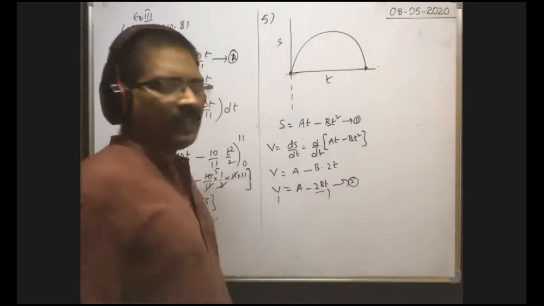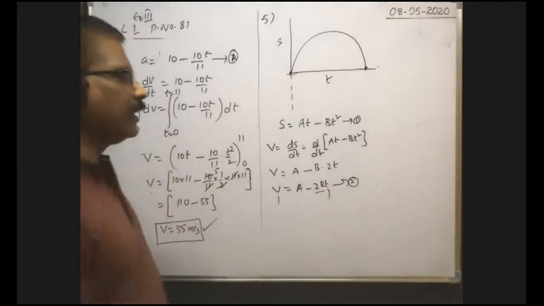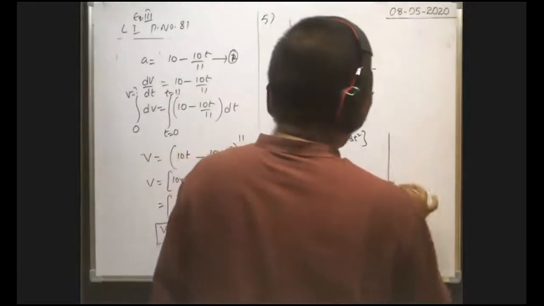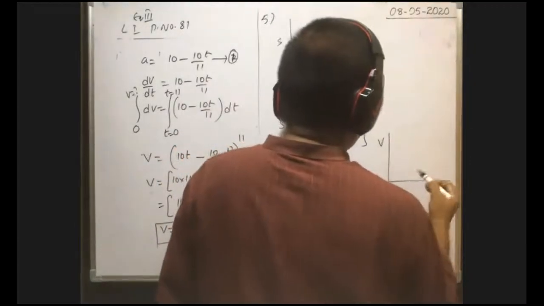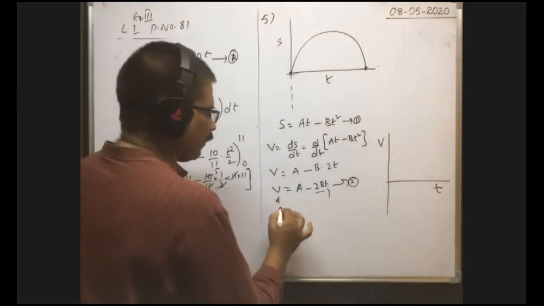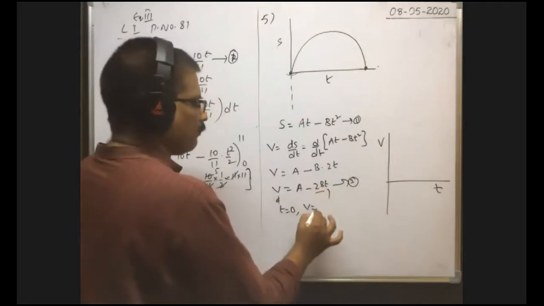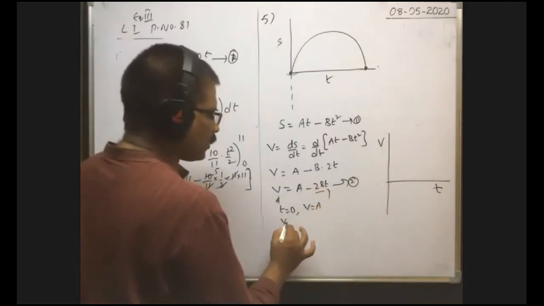So it is a straight line having negative slope. We have to draw the velocity time graph such that the straight line has negative slope. When t is equal to 0, v is equal to a. When v is equal to 0, what about the t value?